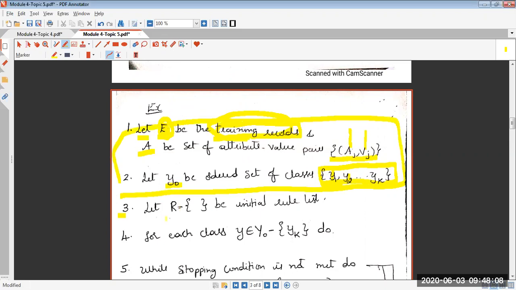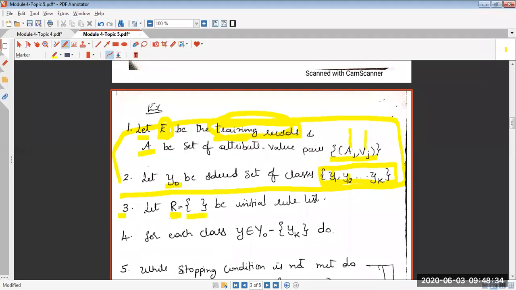In step 3, you can see the algorithm wants to construct the rules, for which it needs to do some initialization. So it has labeled the rules with uppercase R. If you remember, we had even seen this in the general form: R is equal to empty flower braces. It's an initialization.